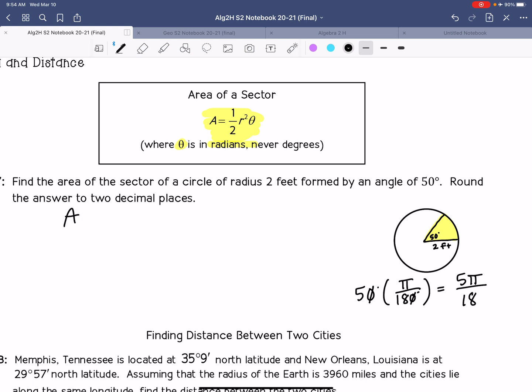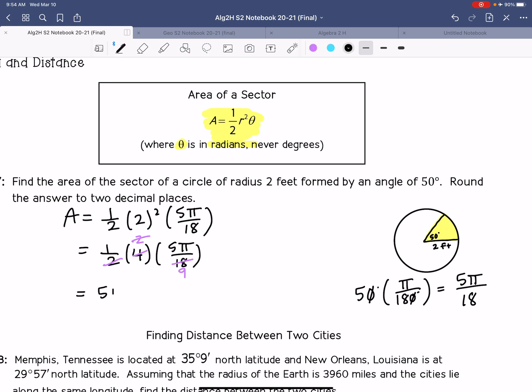So area equals 1/2, my radius is 2 squared, times 5 pi over 18. So I'm going to get 1/2, 2 squared is 4, times 5 pi over 18. Let's go ahead, simplify before I start multiplying stuff. I could do the 18 and the 2. That will give me a 9. So I get 5 pi over 9 feet.